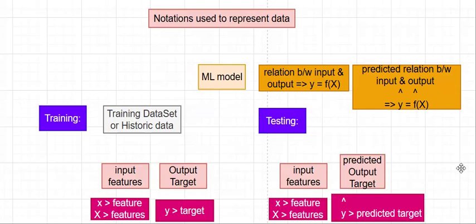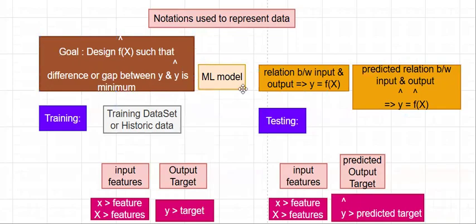While selecting or designing any ML model, our goal is to identify an ML model related function which provides a relationship between the input features and the output, where the difference between the actual output as well as the predicted output must be very minimum.